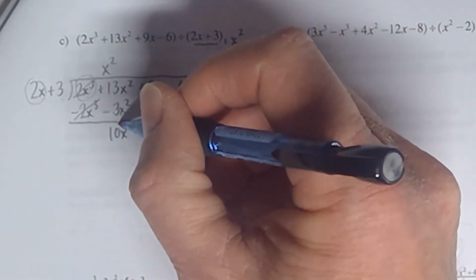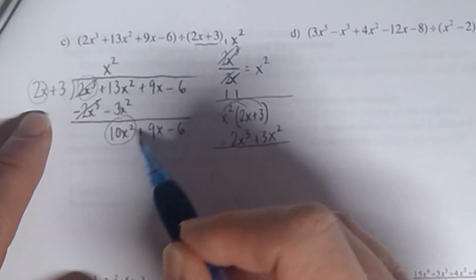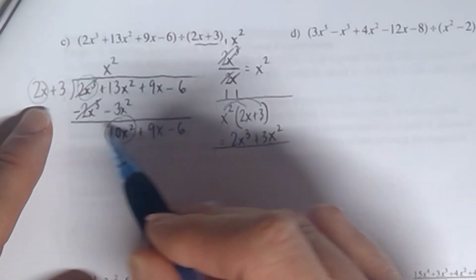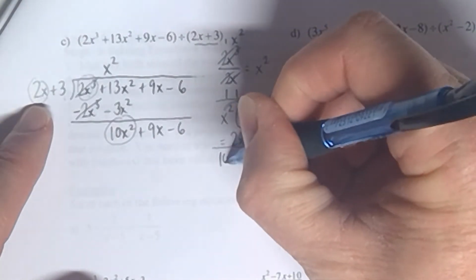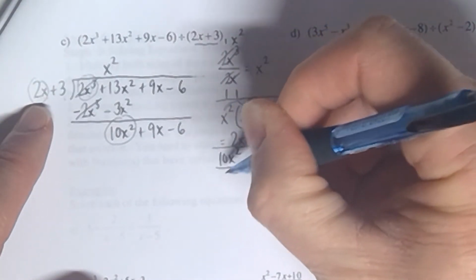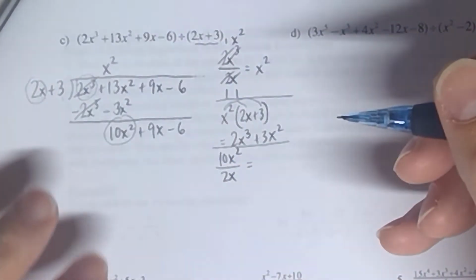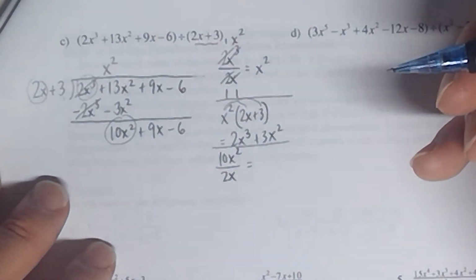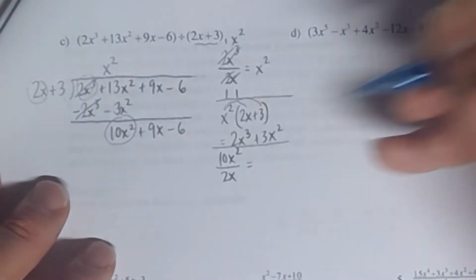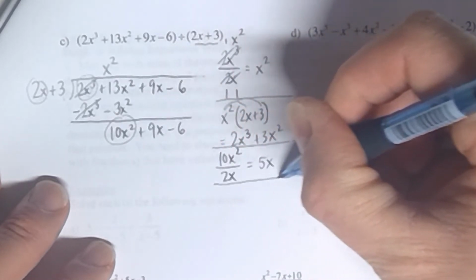Remember, we're on the division step. So you take the first term on the outside again, but this time we take the first term down here underneath the line that I made. All right, and we divide that. Let's take a look at that. 10x squared divided by 2x. What does that equal to if I do the normal canceling right there? Wouldn't it be equal to 5x to the first on the top with 1 times 1 on the bottom, which would be 5x?